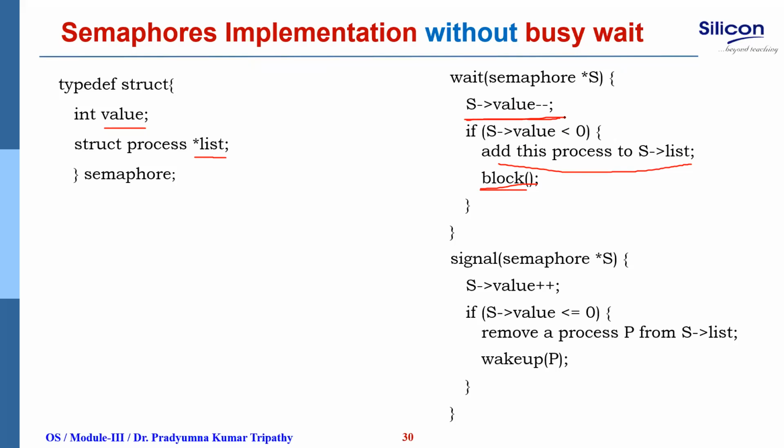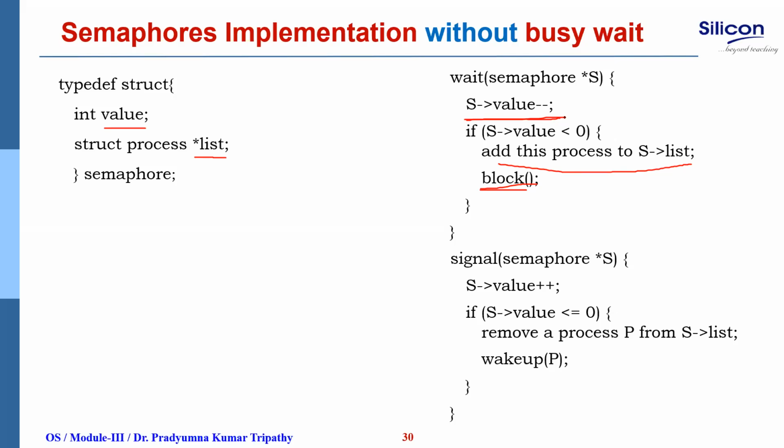What does it mean? It means that 5 processes want to enter and have not got the chance because the minus minus operation has been done. So here the semaphore value can be negative. This is not a binary semaphore. Now it becomes a counting semaphore.